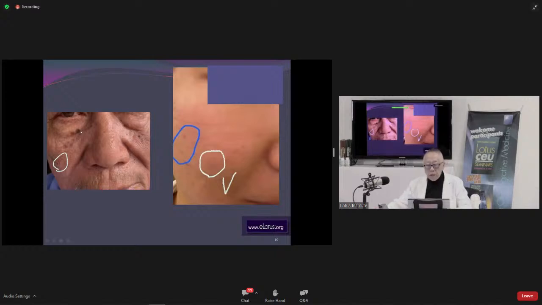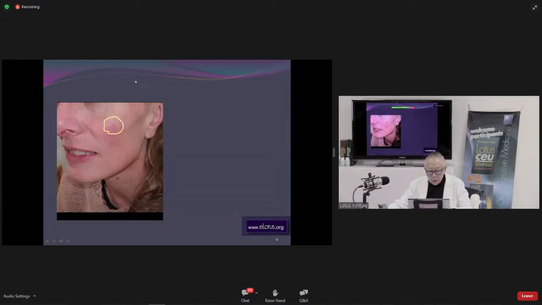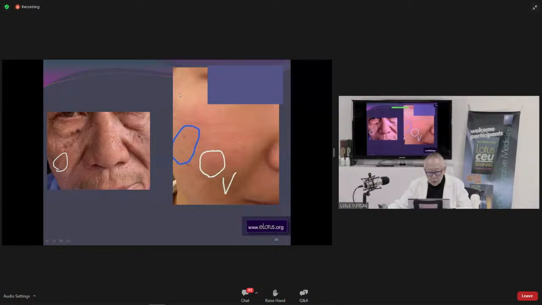Okay, you can clearly see those signs on the face. See this spot?